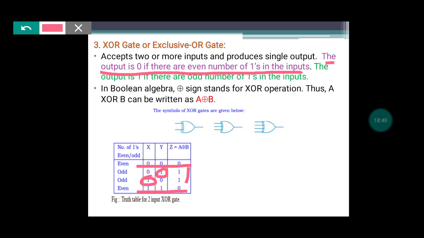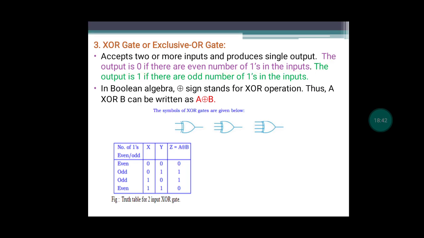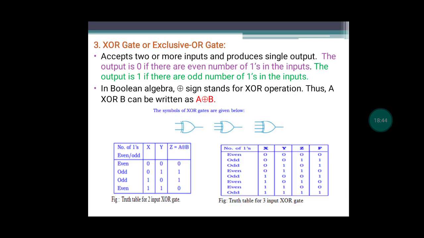So you have to remember these behaviors. Now see the truth table for a 3 input XOR gate. The 3 inputs are X, Y and Z. F is nothing but X XOR Y XOR Z output. Now see the first row.